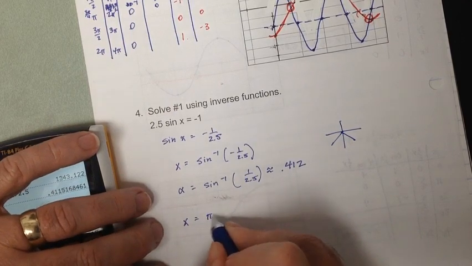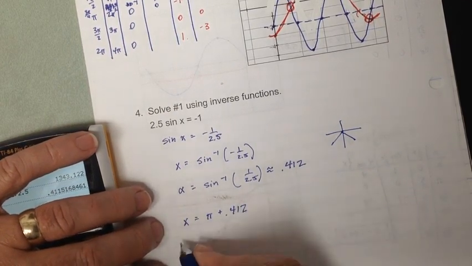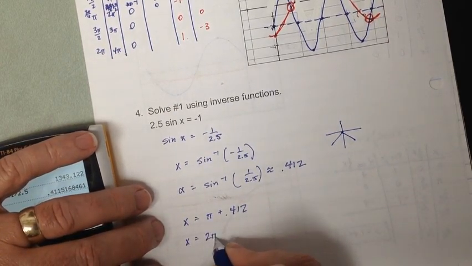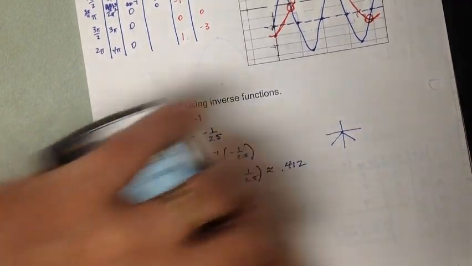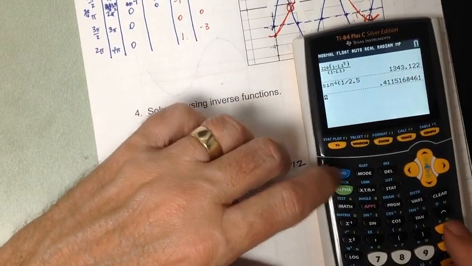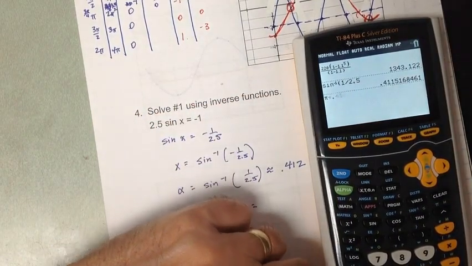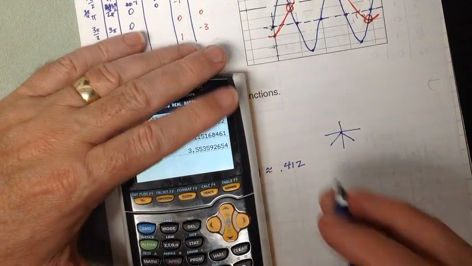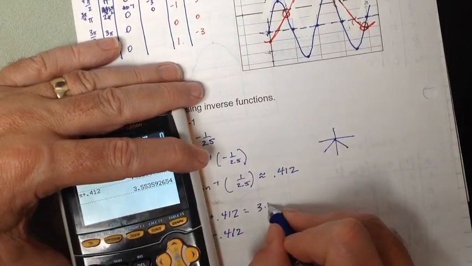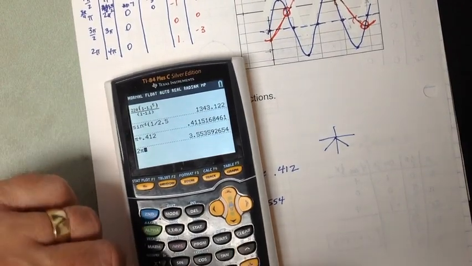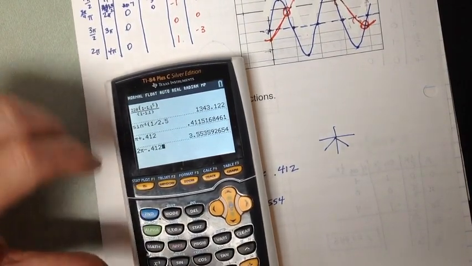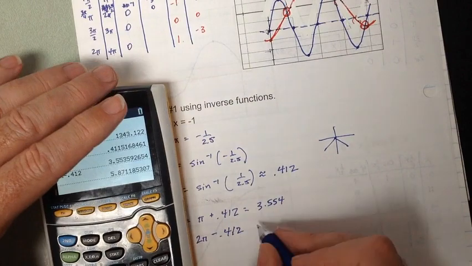So x is going to be pi plus 0.412. And my second value will be, for the fourth quadrant, 2 pi minus 0.412. So pi plus 0.412 gives me 3.554. And then 2 pi minus 0.412 gives me 5.871.